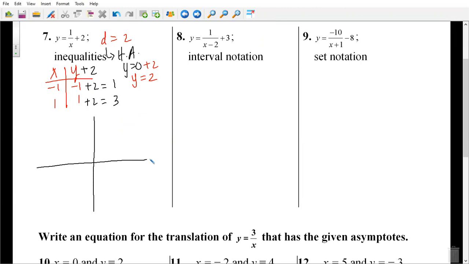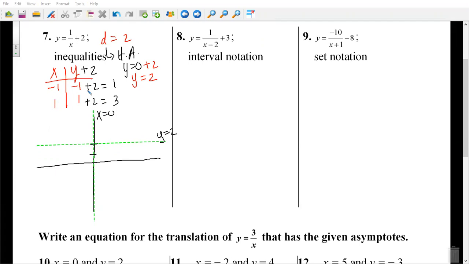So when we graph, we still have our vertical asymptote at x equals 0, but our horizontal is now at 2 because of that shift. So we're at x equals 0 and we're at y equals 2.